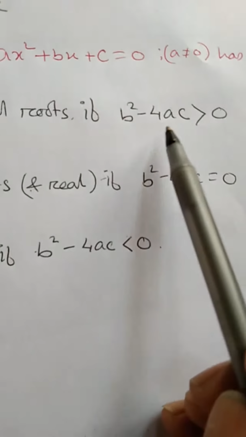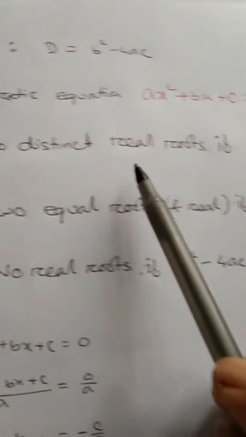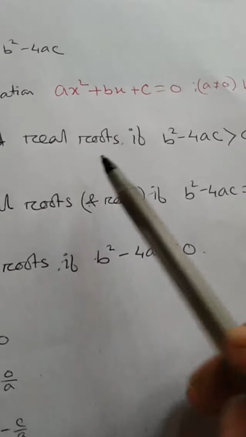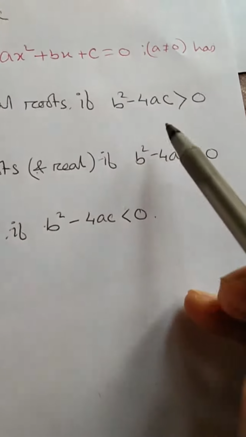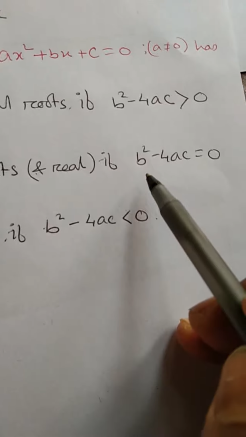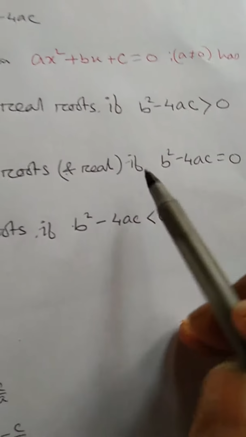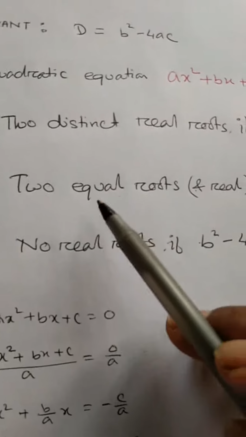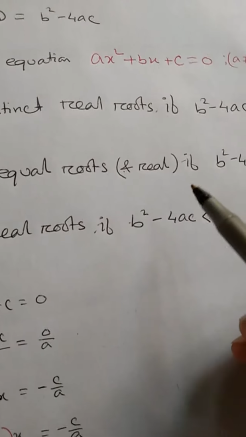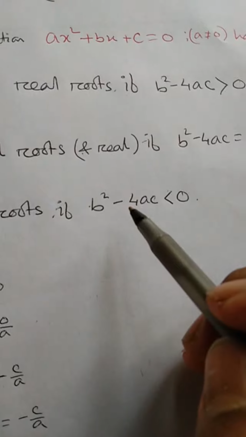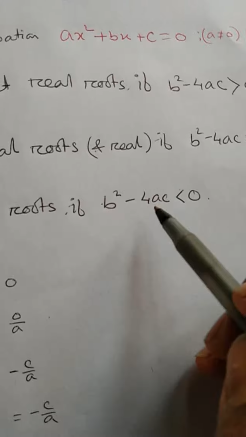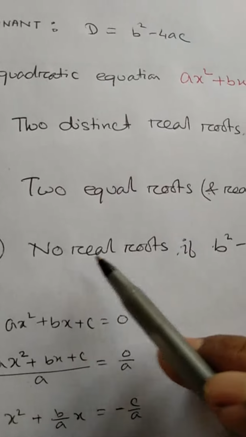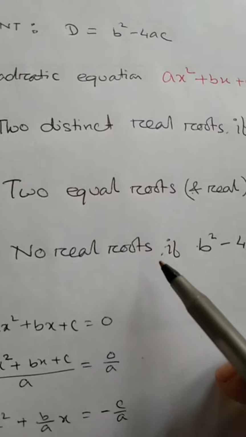If b square minus 4ac is greater than 0, then we'll have two distinct real roots. That is the first condition. Second condition, if b square minus 4ac is 0, then we will get two equal and real roots. And if b square minus 4ac is less than 0, that means negative, then we will have no real roots.